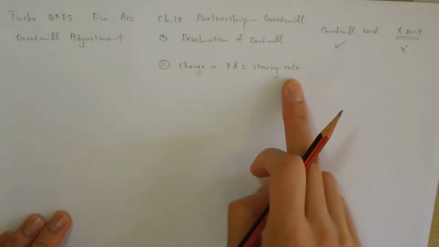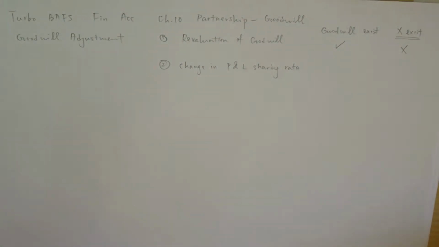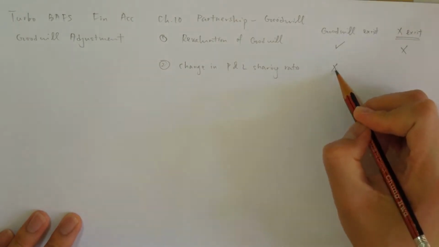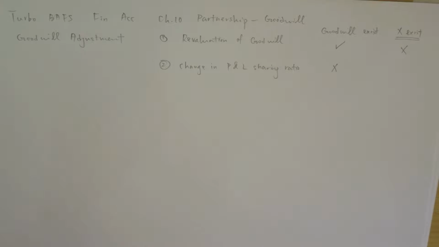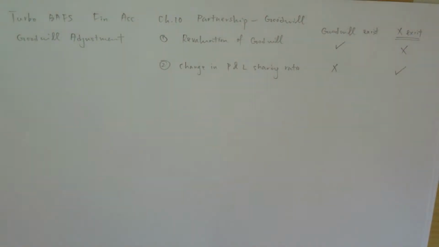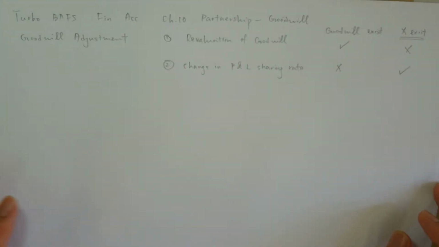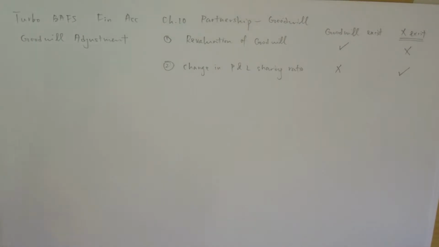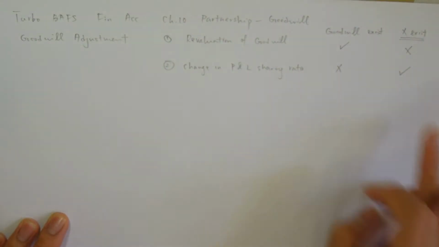And for the second situation, if there is a change in profit and loss sharing ratio, if the goodwill account exists, no relevant accounting adjustment is needed. However, if the goodwill account does not exist, then we need the relevant accounting treatment. Okay, so we take a look at worked examples 2 to 4 and explain the above situations.